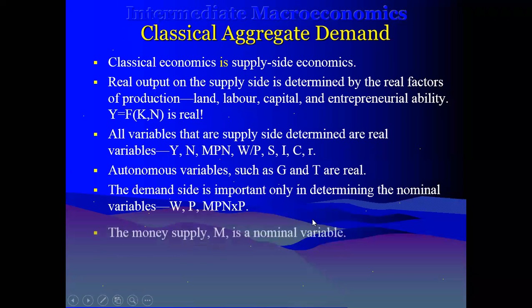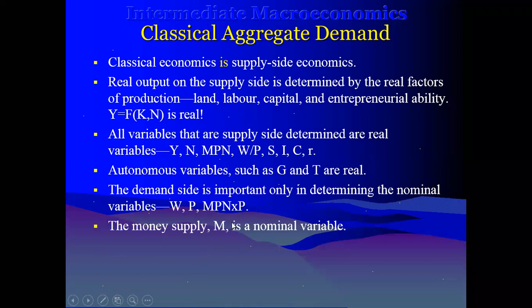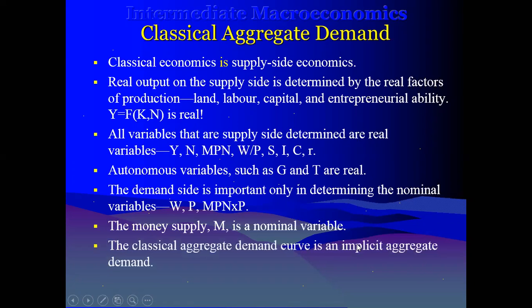Now we'll be meeting this guy a lot: money supply. This is a nominal variable, I think the king of all the nominal variables in this theory. So M2 will be seen as a nominal variable. What this means is that M can never cause a change in Y. Please know that if the factor is a nominal factor, it can never cause a change in any of the real factors.